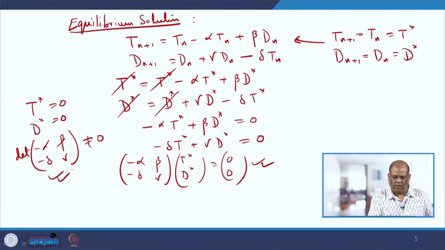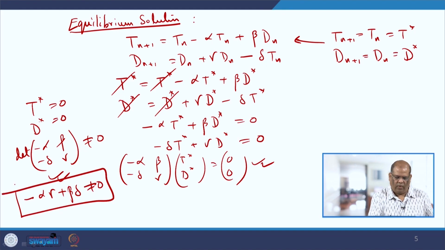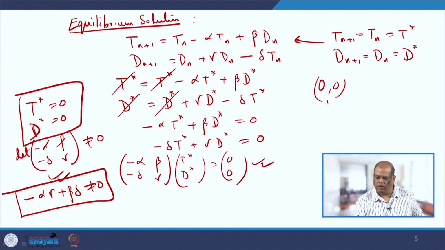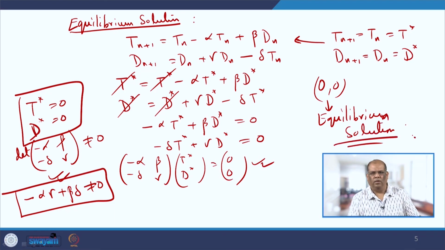So we assume that this is not equal to 0, that is minus alpha gamma plus beta delta is not equal to 0, and then we have a unique solution 0, 0. So 0, 0 is your equilibrium solution. Once you get the equilibrium solution, you now check for its stability.